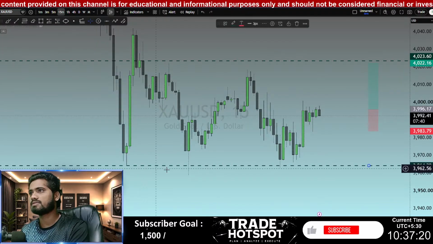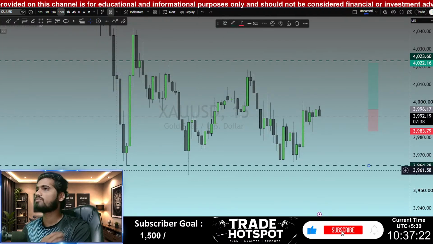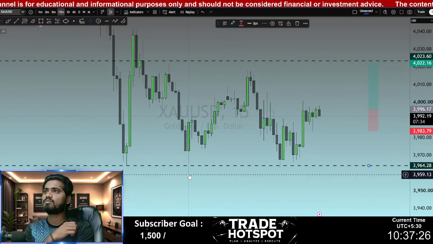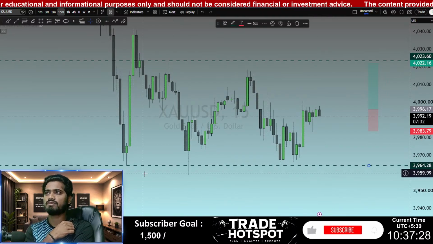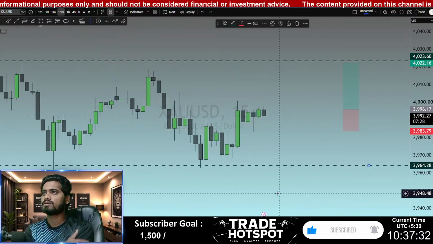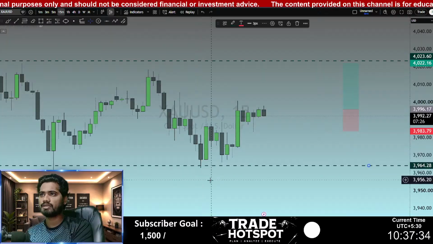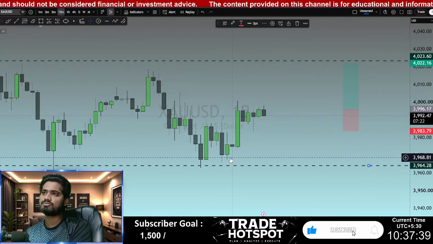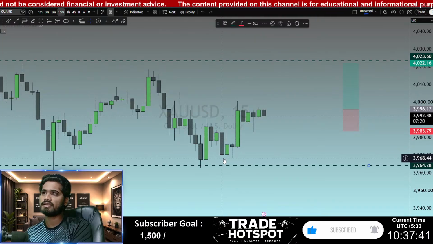Whenever the market comes to this level, there is an upside movement. The first time here, second time here, and third time here right now. From this point the market is moving. The best trading area is this only, so we have to trade in this area.